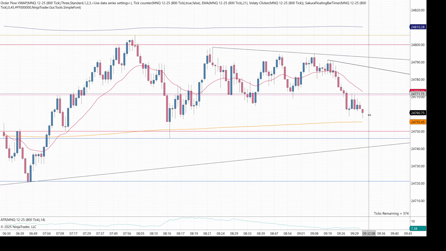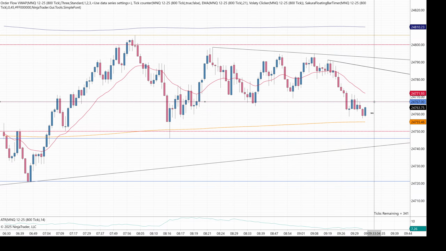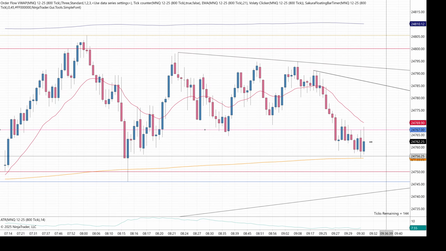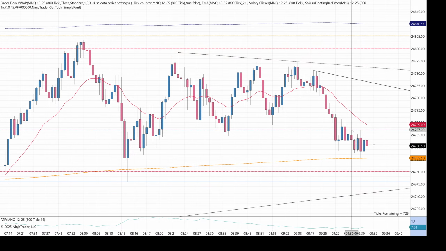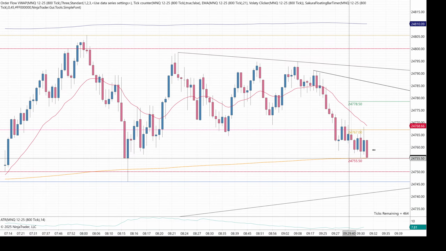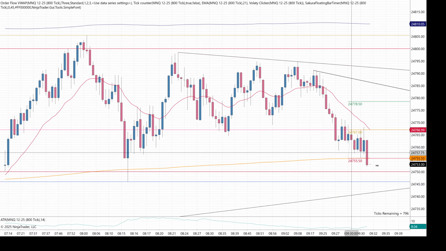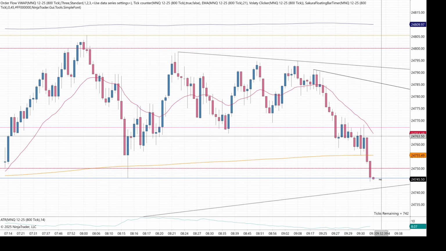Okay, here's the market open. This is the trigger going north, but not taking it because of the EMA.